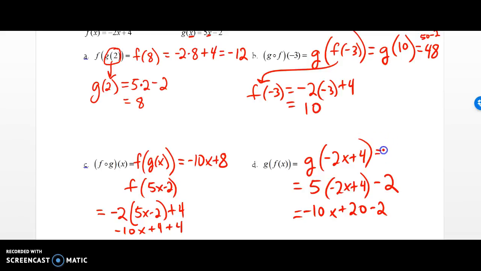So we end up with negative 10x plus 18. Remember, like I said in the beginning, don't confuse this with multiplication, which would be commutative. Notice when we change the order, f of g of x and g of f of x, they are not equivalent expressions. So you really have to pay attention to this order.